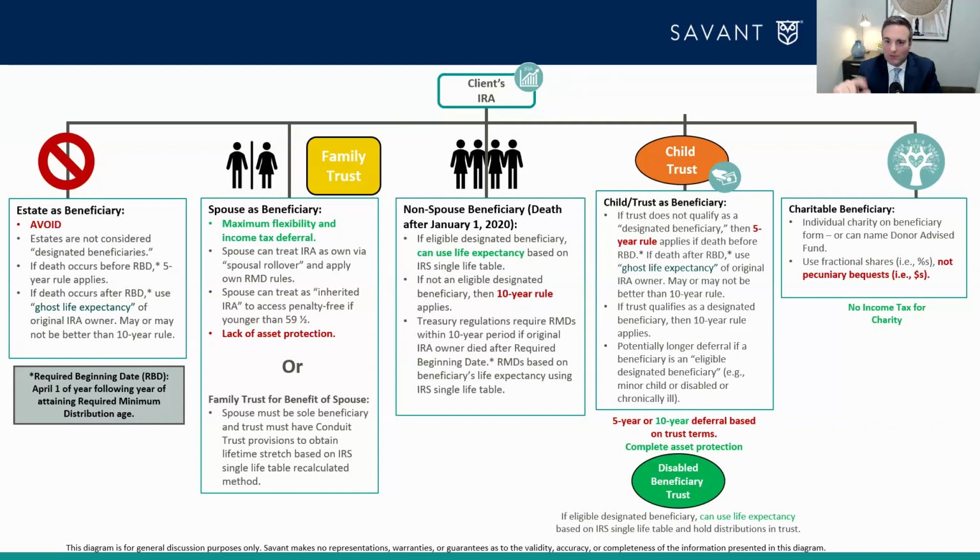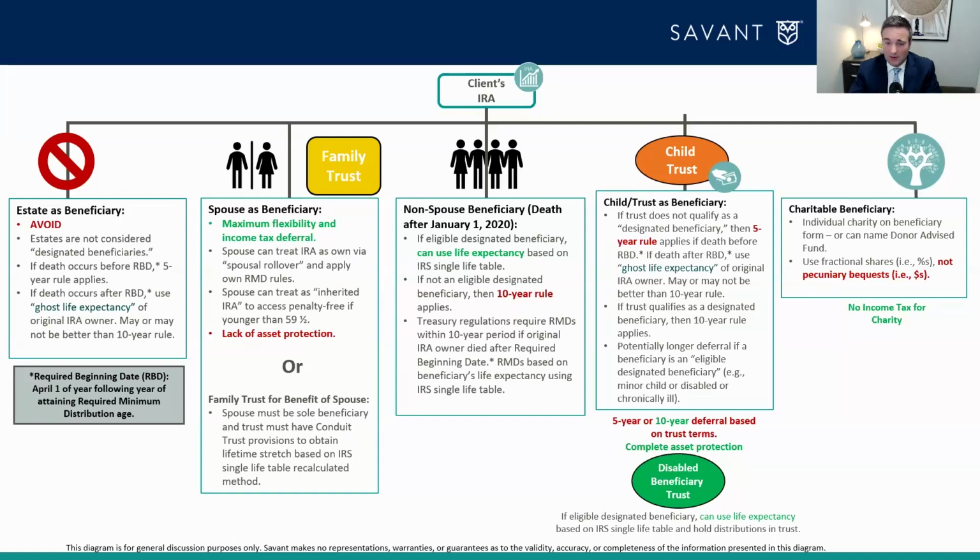So if you name successor beneficiaries on your account and you pass away before the end of the 10th year, your successor beneficiaries basically just continue out that 10-year schedule. But a lot of us, like I said, have our own retirement savings vehicles that we've contributed to, and you have a lot of options on how you might set up your own beneficiary designations.